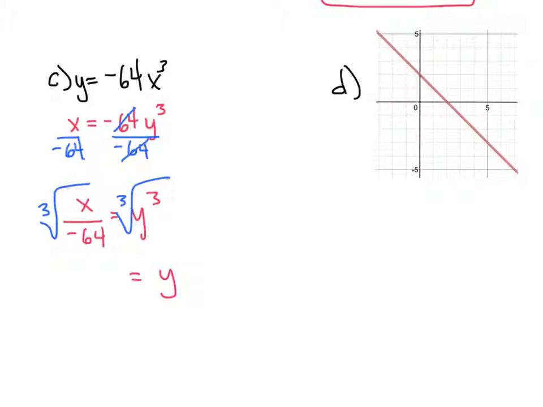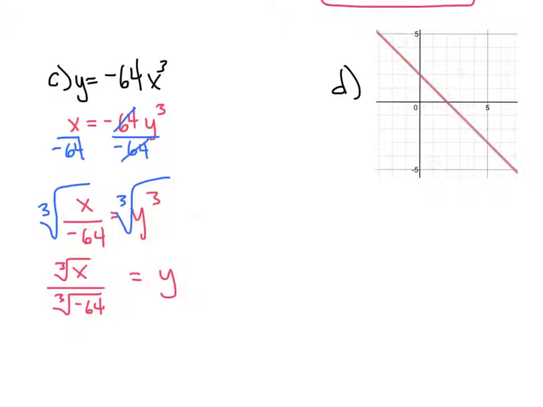Now, on the left side, the cube root of x over negative 64 is okay, but remember that if you're taking a cube root or a square root or whatever, that's the same thing as the cube root of the numerator divided by the cube root of the denominator. This is helpful to me because I can take the cube root of negative 64.